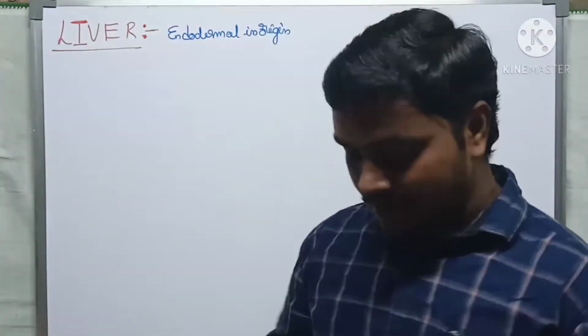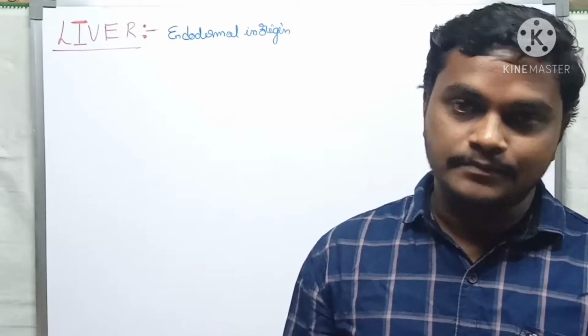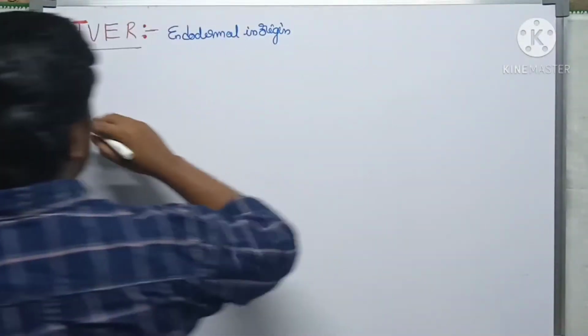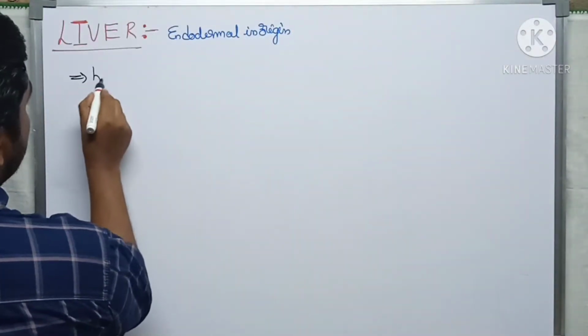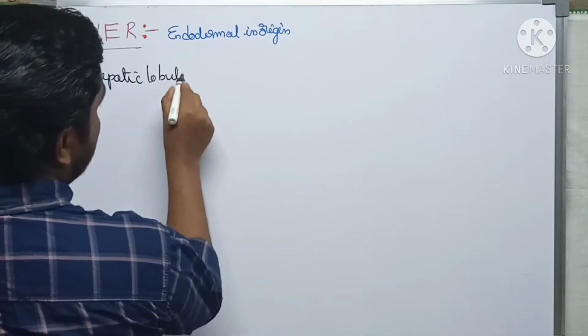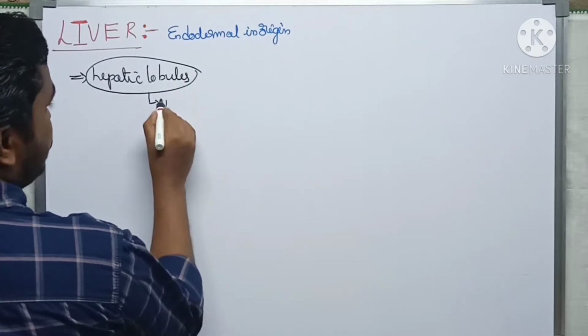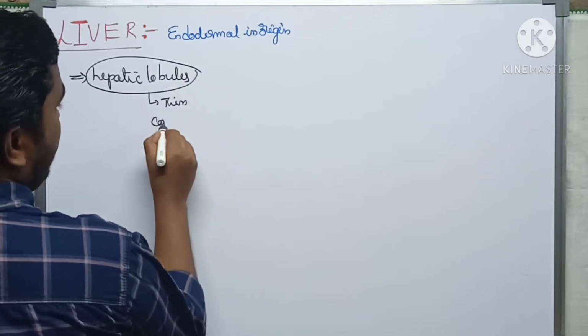The liver has so many classic lobules. We already discussed them. Those hepatic lobules are covered by thin connective tissue.